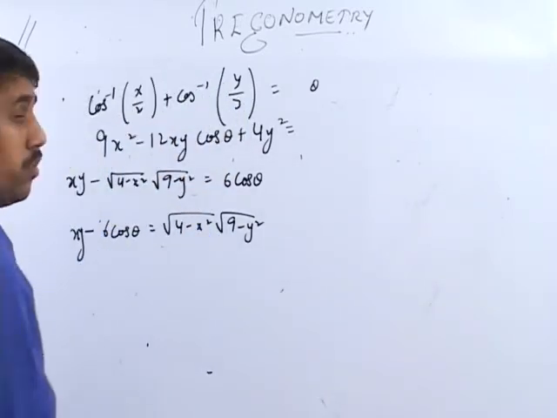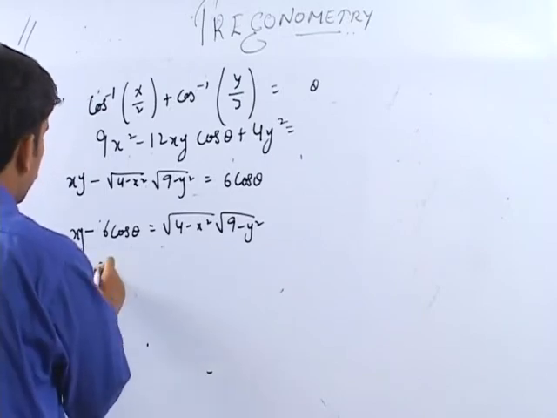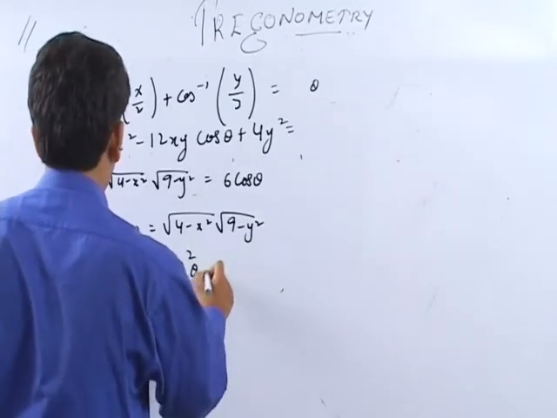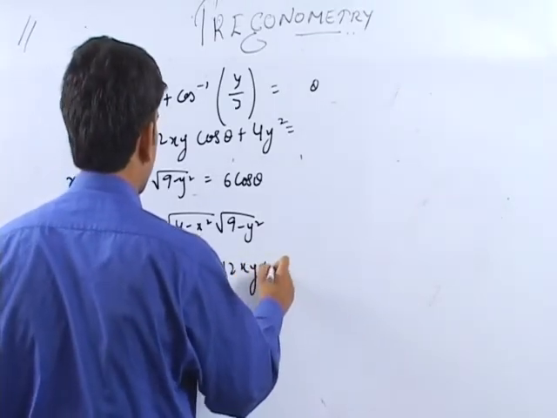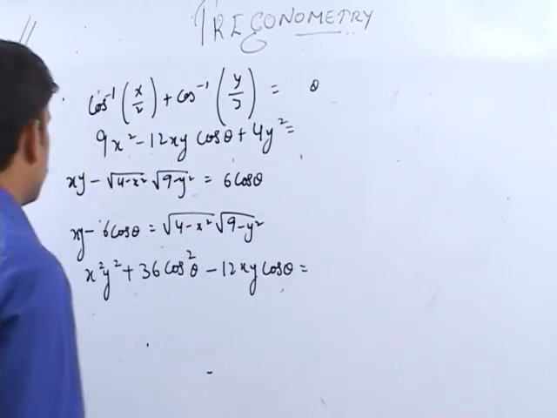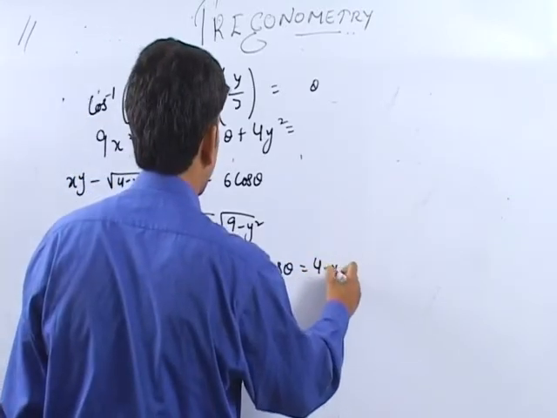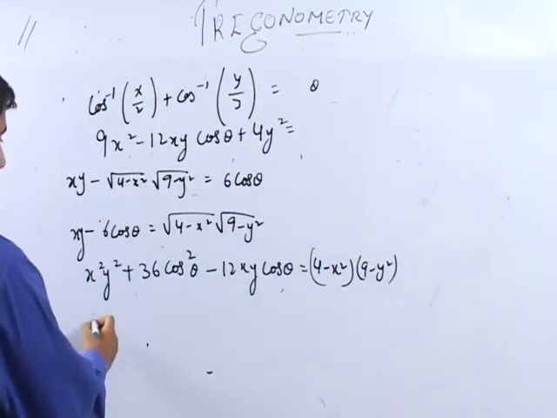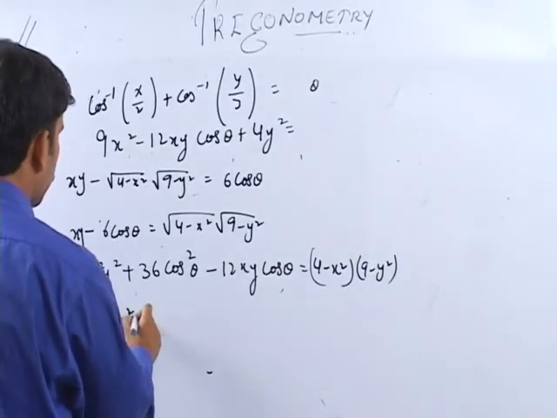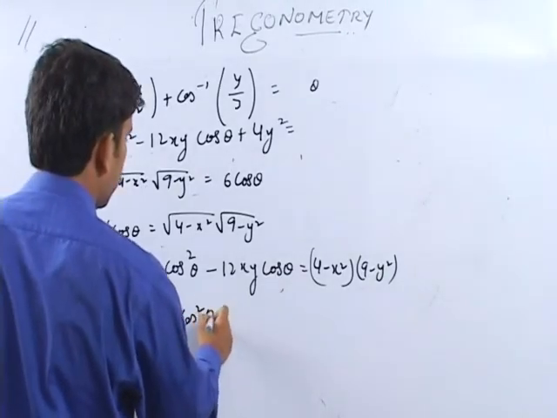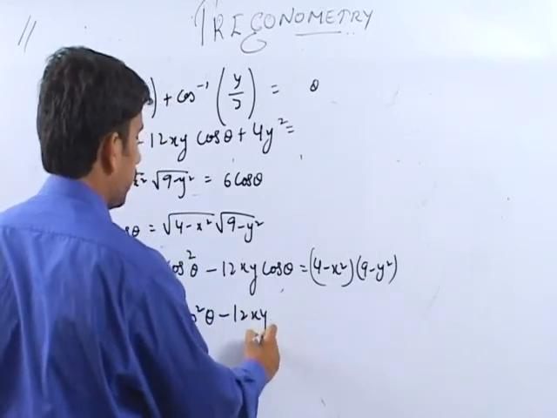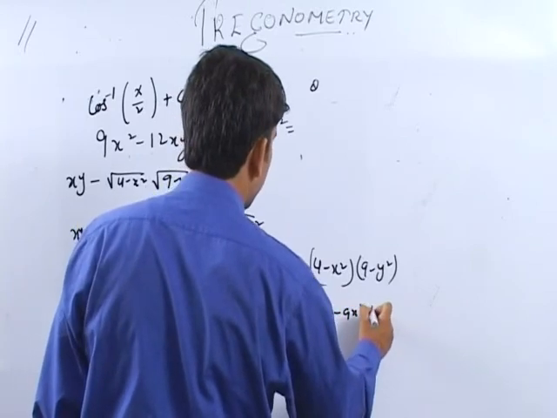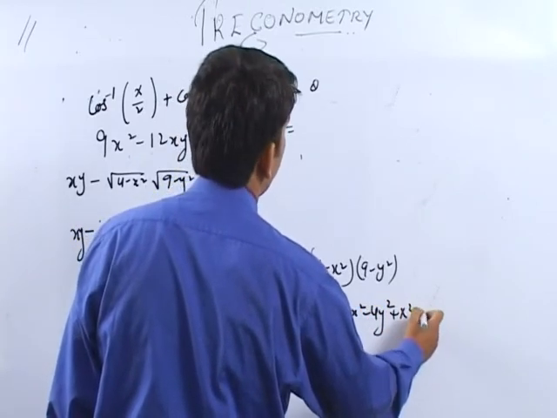Now when you square both sides, you will get x square y square plus 36 cos square theta minus 12xy cos theta. This will be equal to 4 minus x square into 9 minus y square. Now this will be equal to 36 minus 9x square minus 4y square plus x square y square.